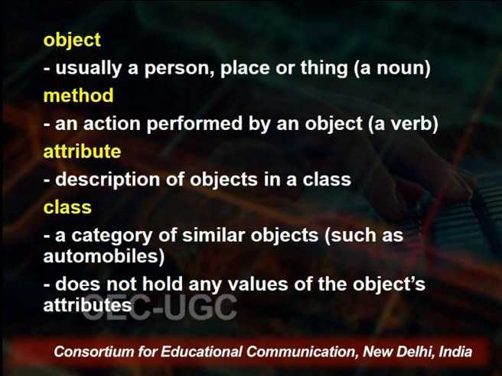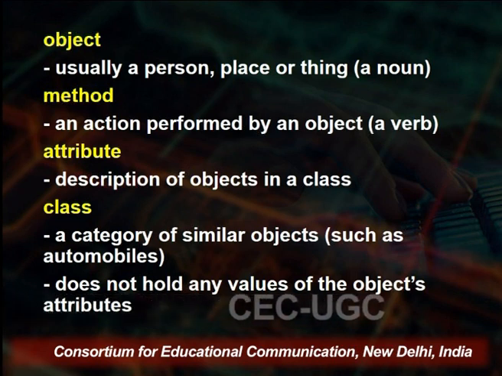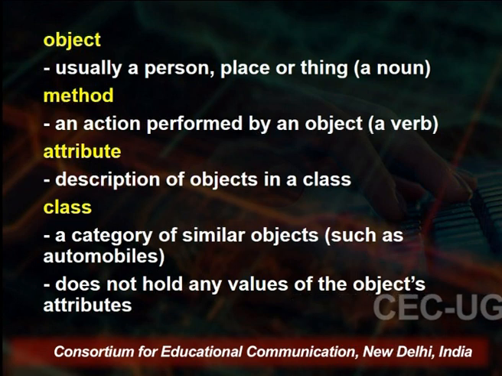So for example, I am talking about car here. Car is any car. Let's say for example I am talking about Tata, or I am talking about Maruti. They can be the objects of the class car.